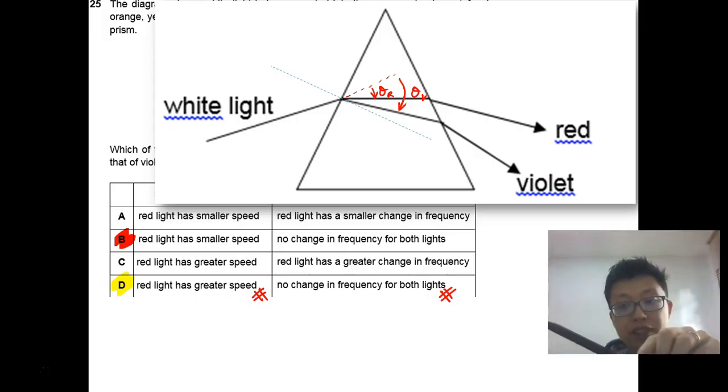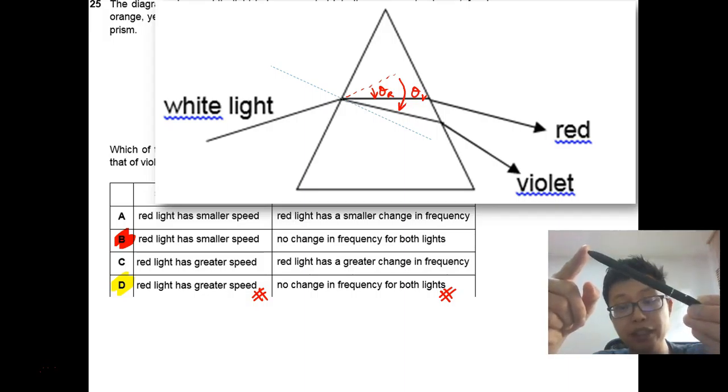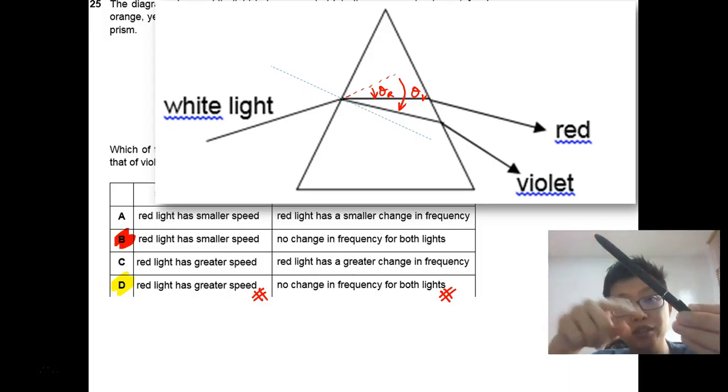If it is in air, it will go straight, no change in speed. But now when your wavefront goes forward and hits the prism, this part will hit the prism first, right? So if this part, which is in the prism first, experiences a slowdown of speed, then your wavefront will start to turn. Agree? And how much it turns depends on the difference in speed between this portion and this portion.